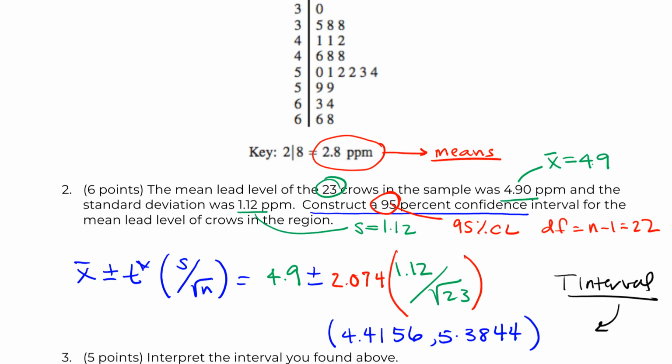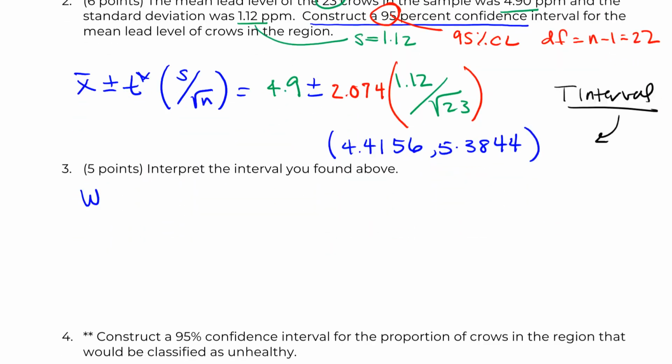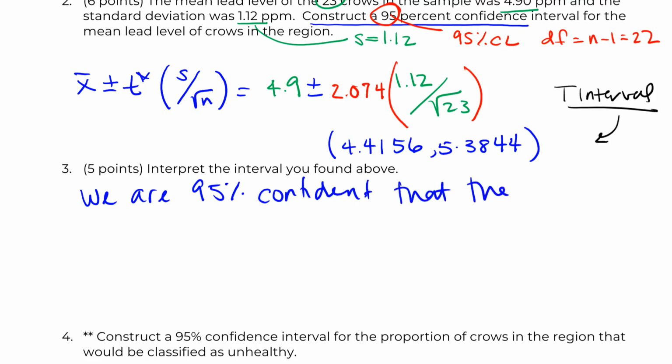Interpretation, well, we need to say we are 95% confident that, and remember, you can usually steal this from the actual question stem. That makes sure that we get the right variable or parameter. So we're talking about means, not proportions, right?